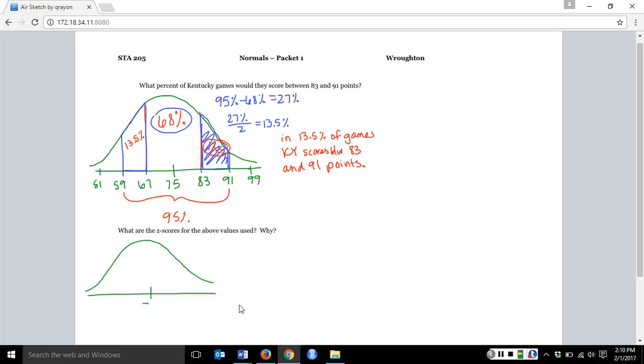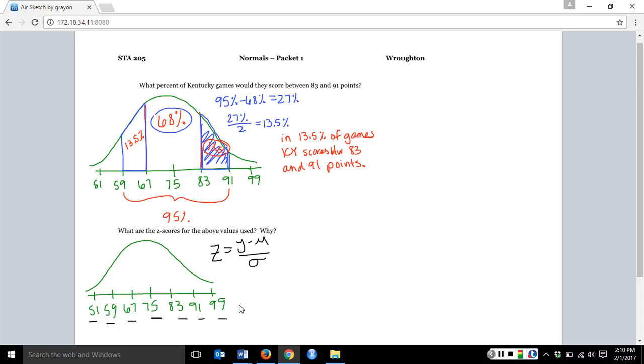Right, so I have this 75, 67, 59, 51, this 83, this 91, this 99. What happens when I take each of these numbers and plug those in to my formula that I have?